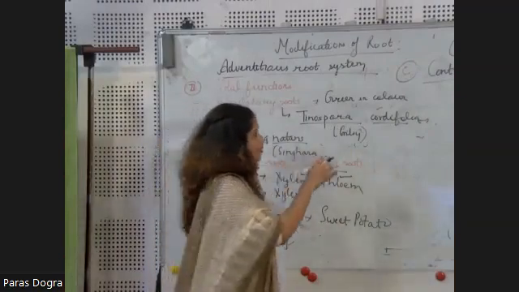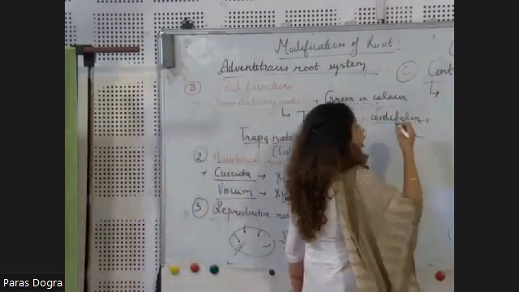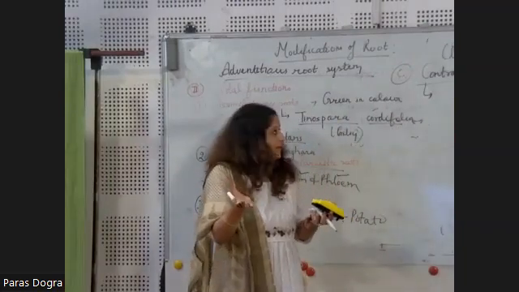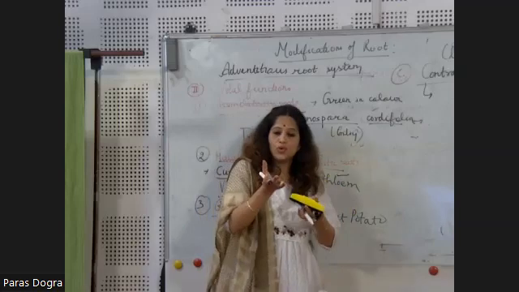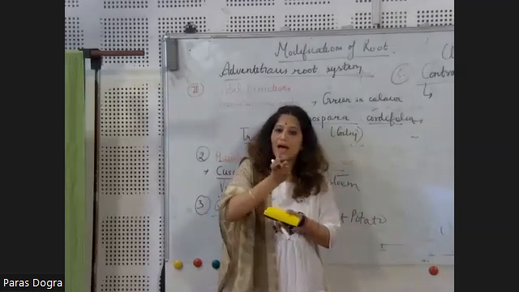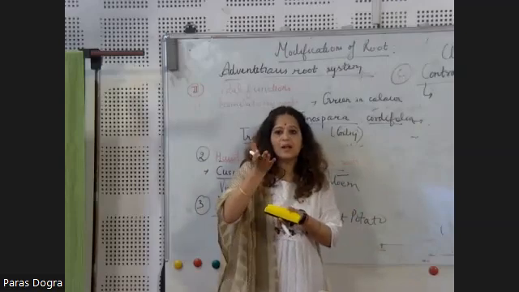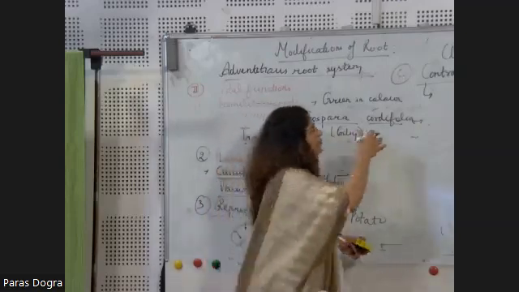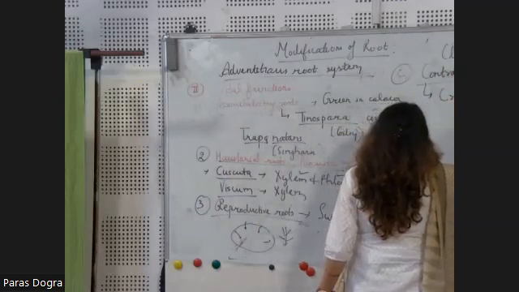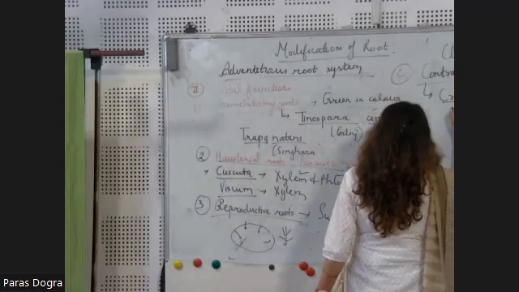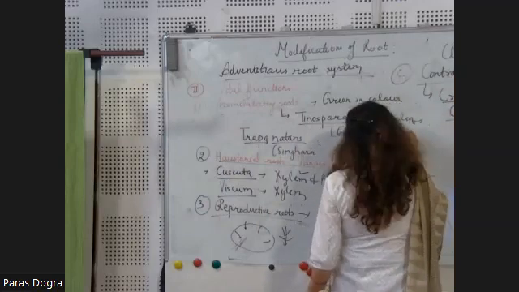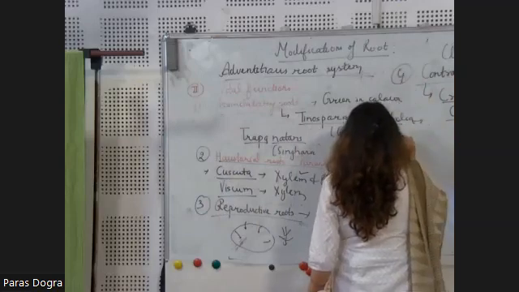These roots have the property of contracting and swelling as per need. They try to keep the shoot at a proper place, so as per need, either they swell or they contract. So these roots are called contractile roots. Examples are seen in crocus, alcacer, and canna. This was the fourth.